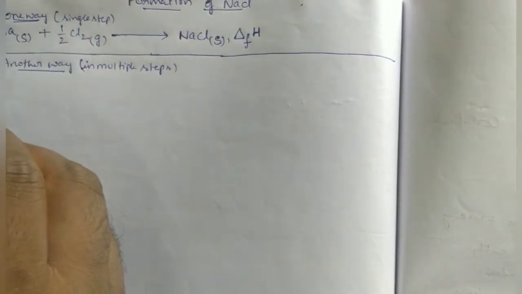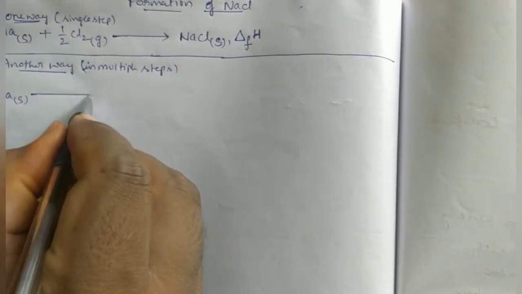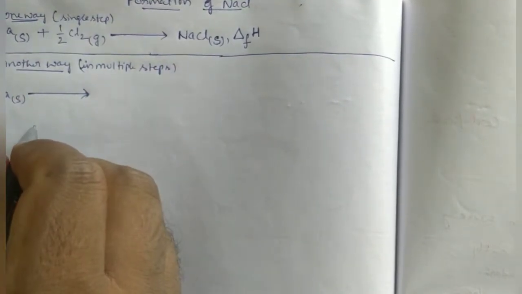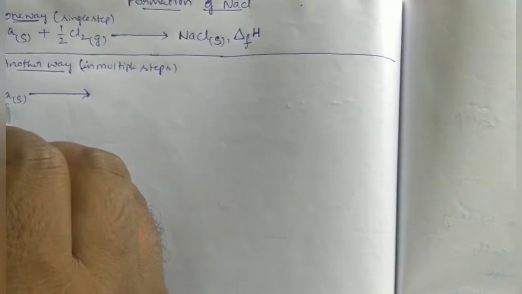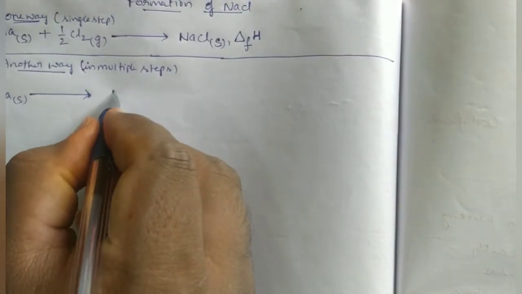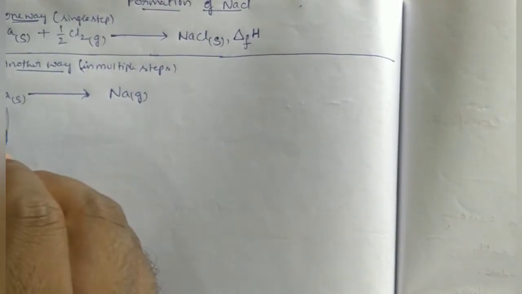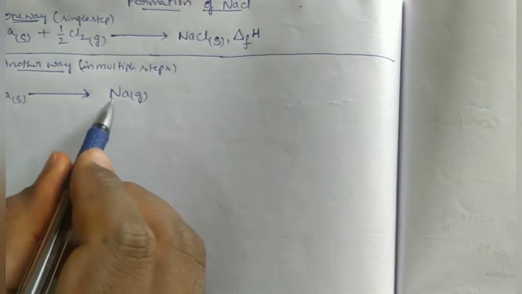In multiple steps, how are we going to explain? See, first, sodium solid is getting heated. It will be converted to liquid. Again, that liquid sodium is getting heated. It will be converted to gas. Directly, solid is converted to gas.